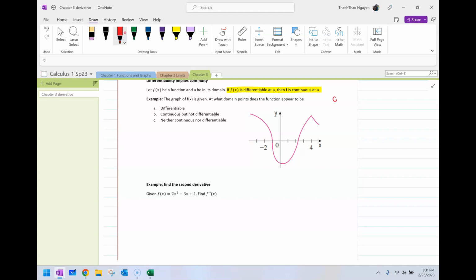Here's the question for you. Would the statement be true? If f is continuous at a, then f of x is differentiable at a. Is this true?